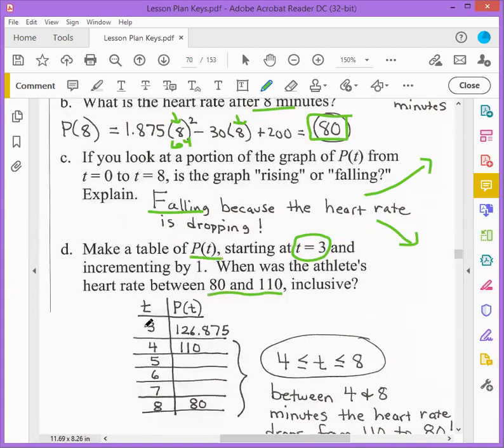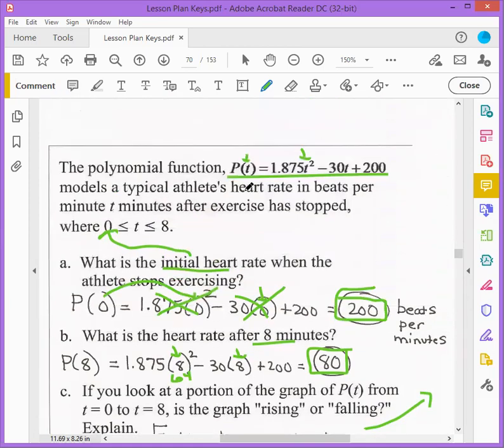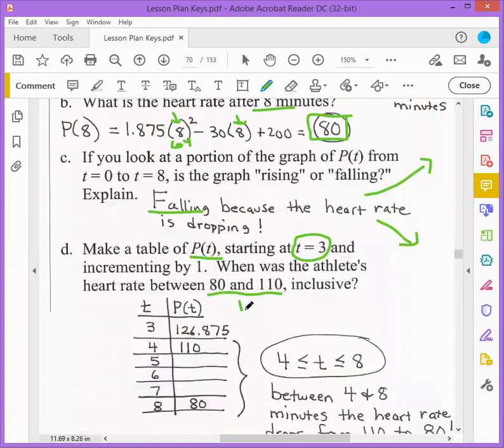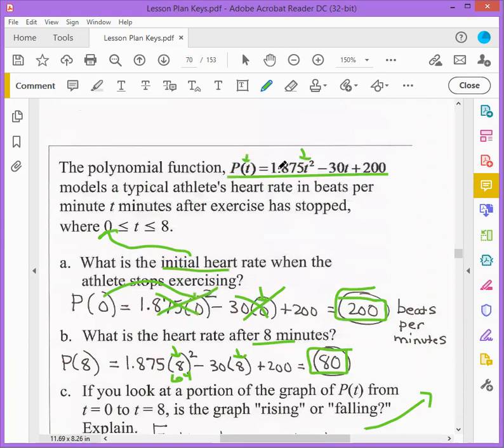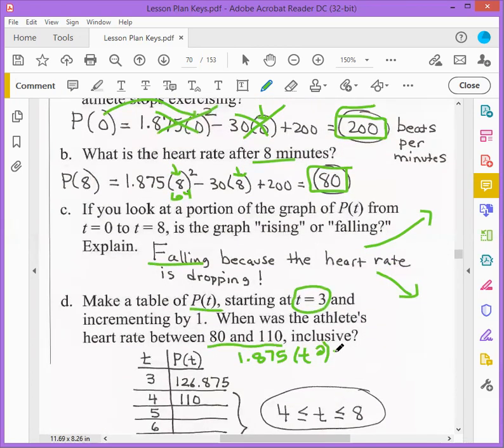We're starting with 3, using our same function from before. Remember, we had P of t equals 1.875 times t squared minus 30t plus 200.